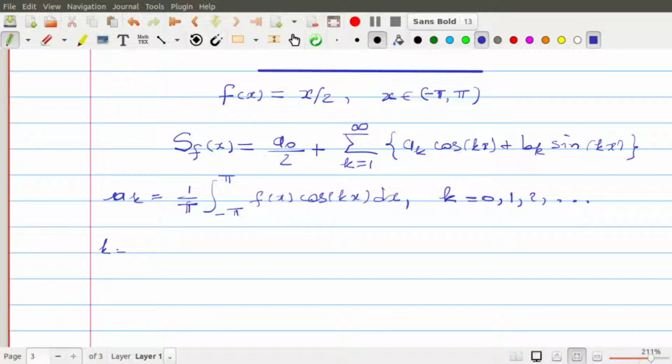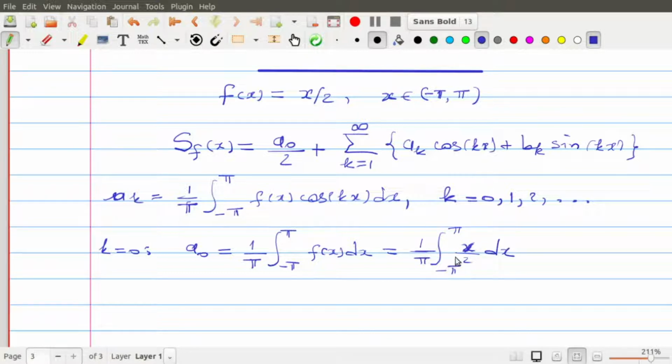So if k is 0, our a0 is equal to 1 by pi integral from negative pi to pi f of x dx, which is nothing else than the integral from negative pi to pi x by 2 dx.